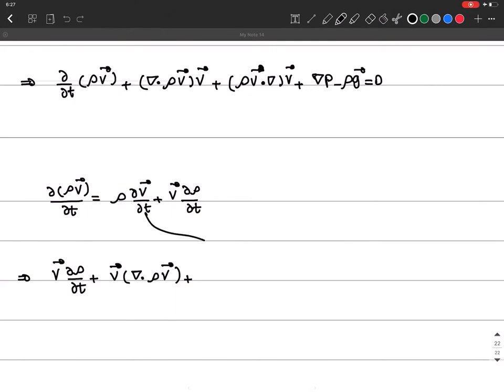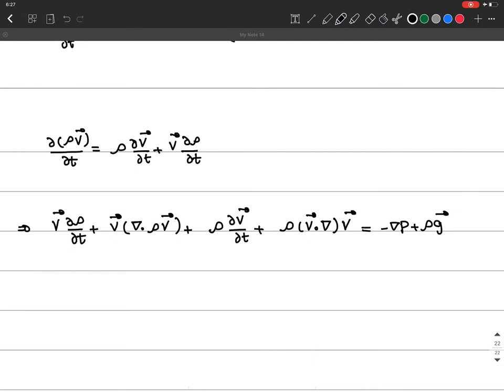Now the second term is here, so I'm just going to write it down. Rho partial v over partial t plus, the second term we have rho, I can take it out, v dot grad times v, equals minus grad p plus rho g, which are the forces. Okay.